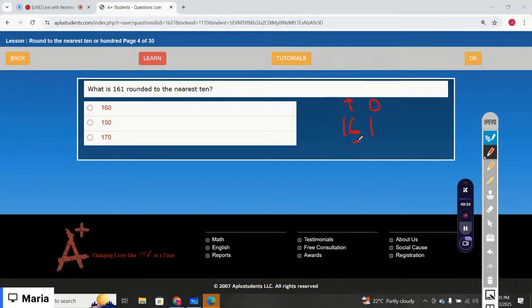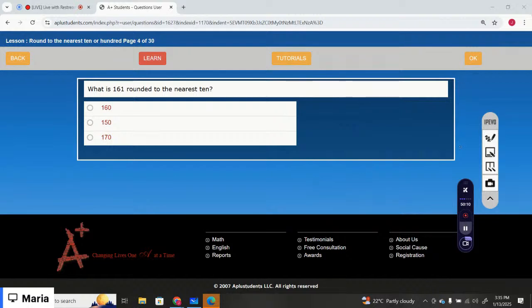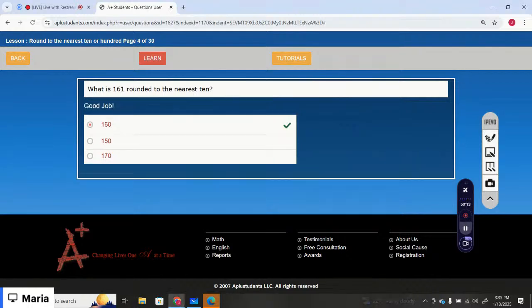That's for me too. 6 is at the tens position, right? Next to it you have 1. 1 is less than 5. So you need to round on the same 10, right? So that is rounded to 160. Got it? The correct option is 160. Option number 1 is the correct option.